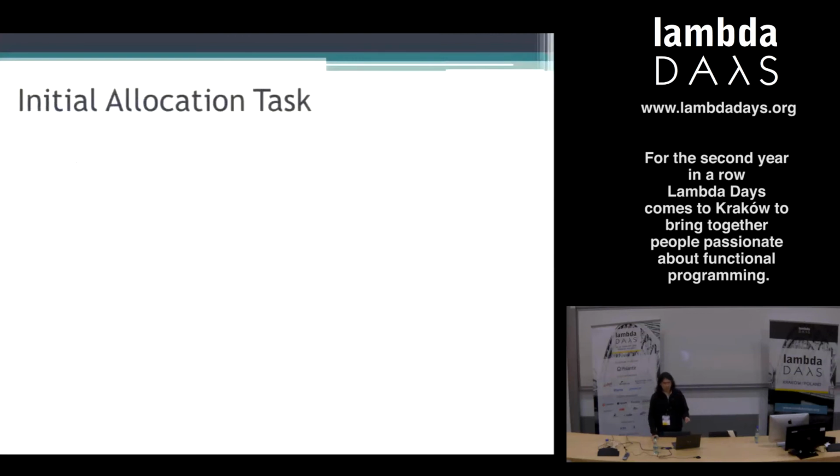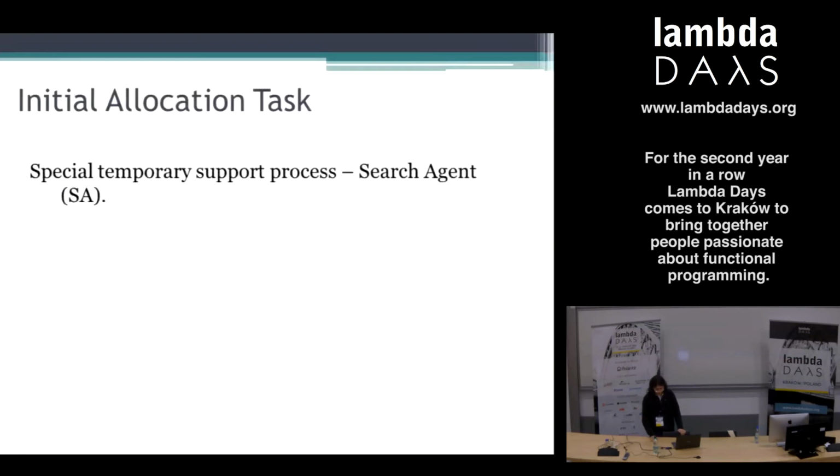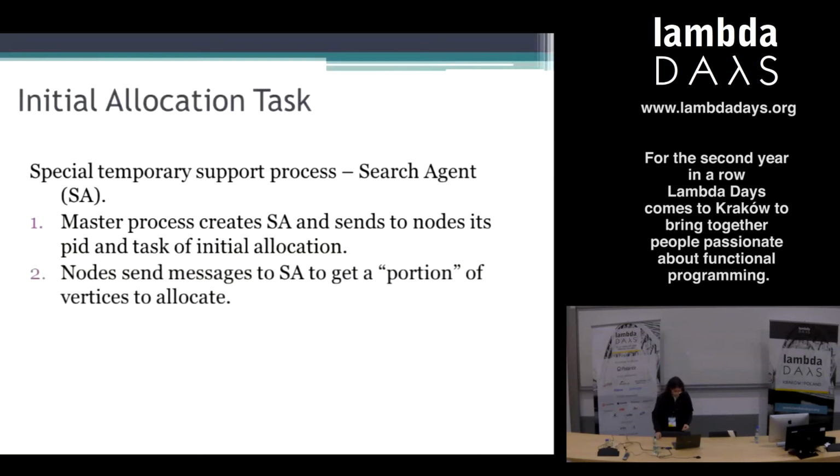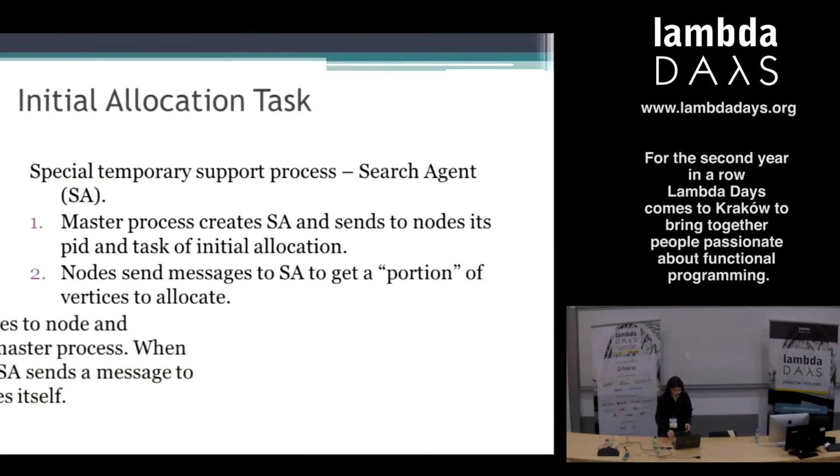Let's move on. We have the initial allocation task. That's why we need GraphDB. We need to allocate our graph, our vertices. We have a special type called search agent. I didn't mention it because it's temporal and it's flexible. First of all, the master process creates an SA and sends to nodes its PID and the task of initial allocation. Then nodes send messages to the SA to get a portion, some bunch of vertices to allocate.